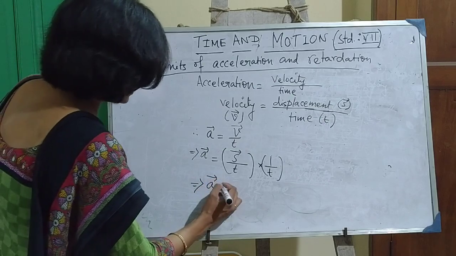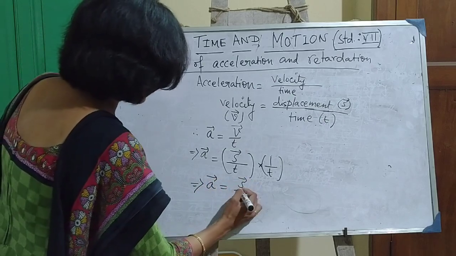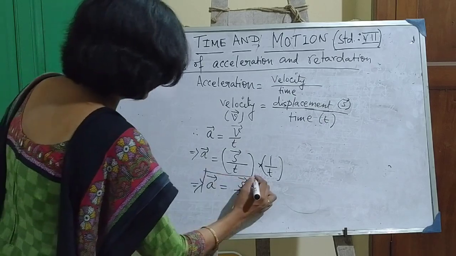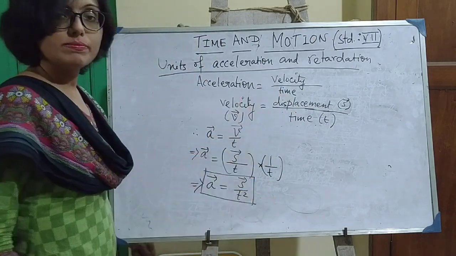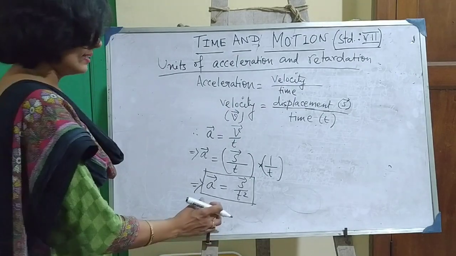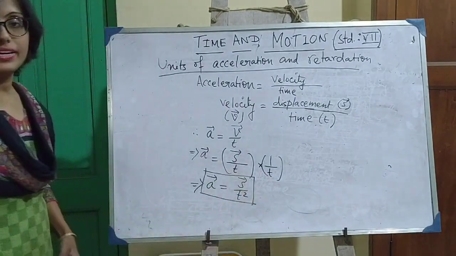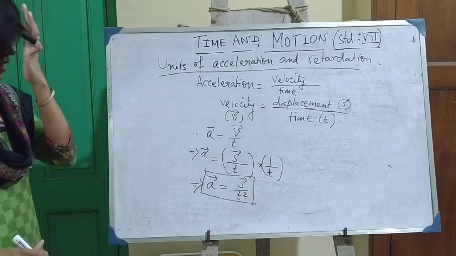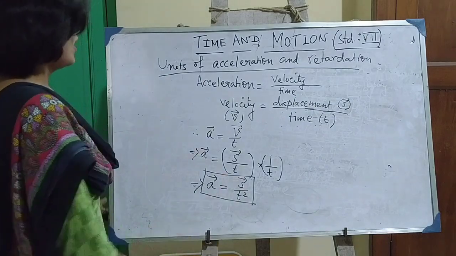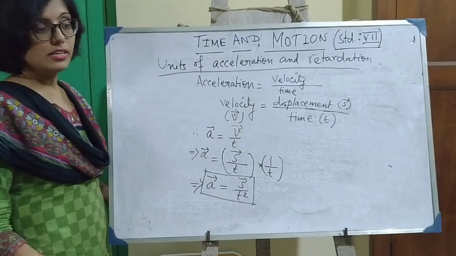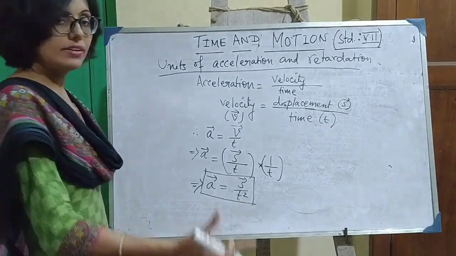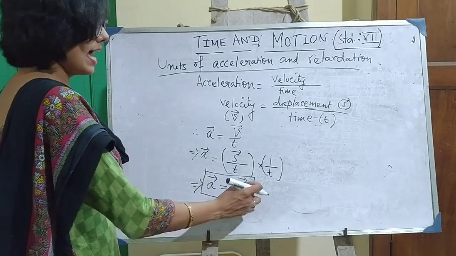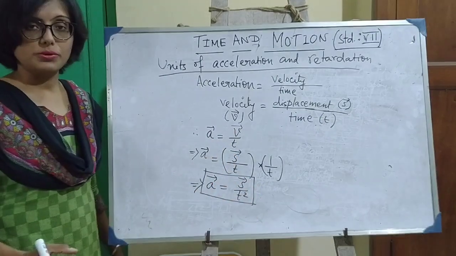So acceleration a is equal to s by t square. This is the relation between acceleration and the displacement of a body: acceleration is equal to displacement divided by time square. So when we are trying to find the units of acceleration, we shall follow this mathematical form of acceleration, that means the relation between acceleration and the displacement and time of the body.